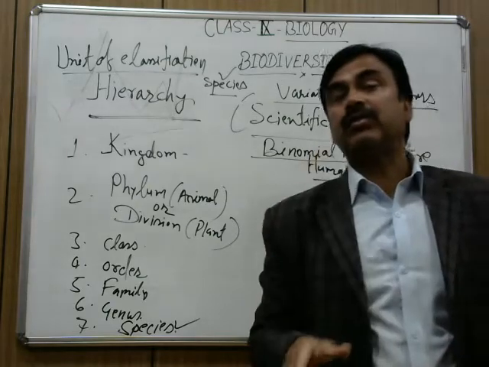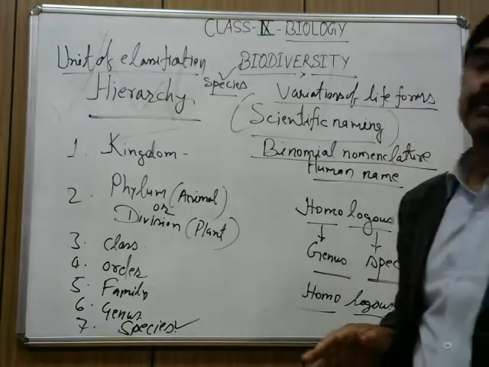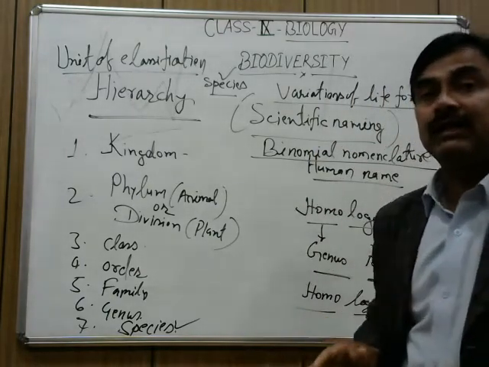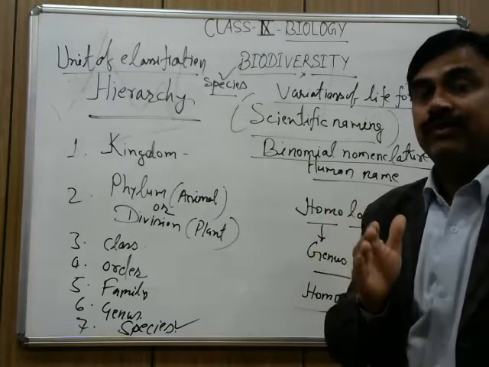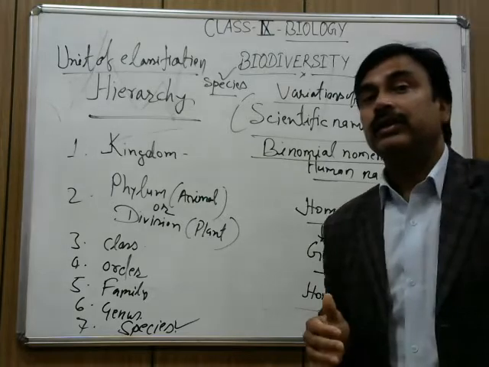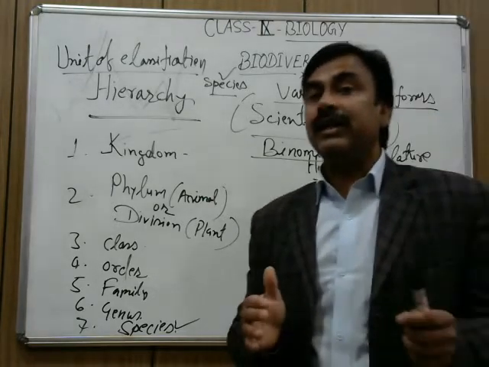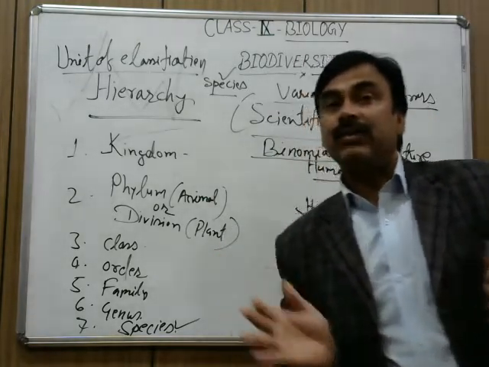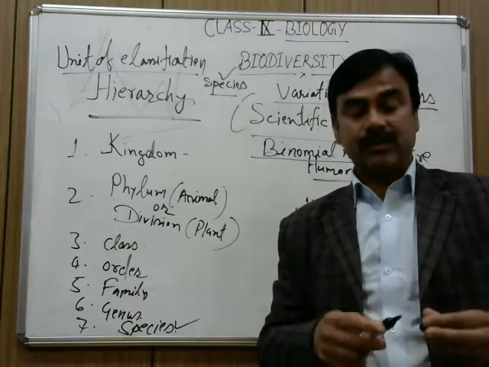At the end, I would like to give you some assignment on this lecture, what questions you could write. When you start biodiversity and classification, you should create interest to classify different plants and animals into different categories.